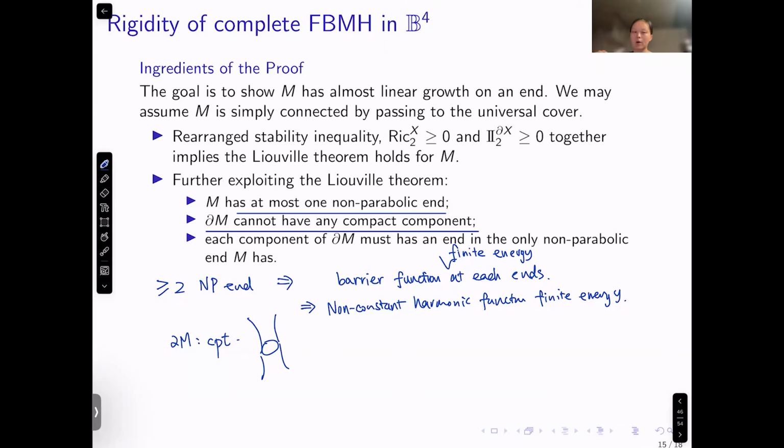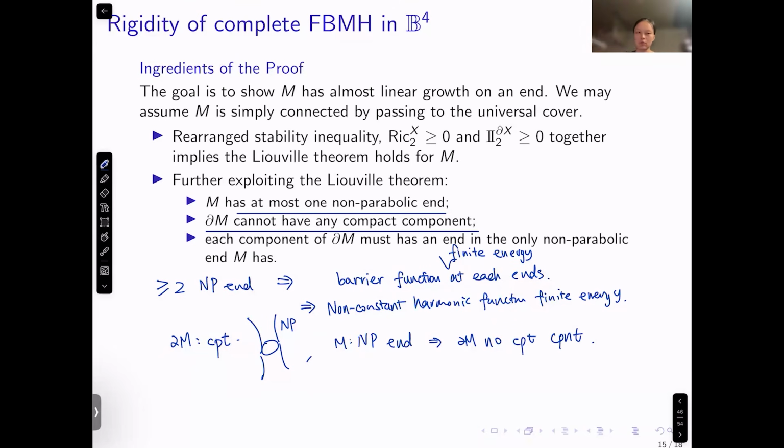If you have one non-parabolic end, then after doubling you have two non-parabolic ends, and that's again a contradiction to the Liouville theorem. So in the case that M has one non-parabolic end, you can prove that the boundary has no compact component.